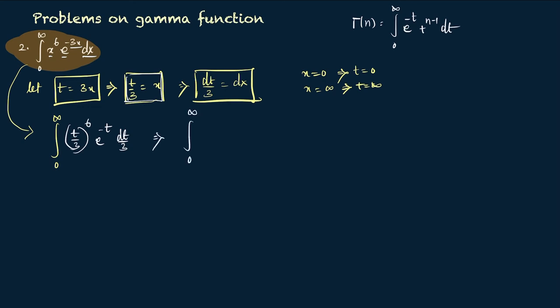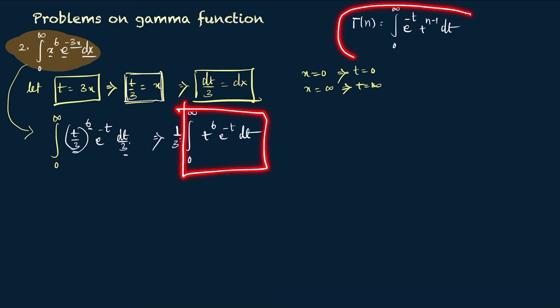So 0 to infinity, here 3 power 6, here 3 power 1, so this is going to be 3 power 7. So 1 by 3 power 7, and here t power 6, e power negative t into dt. Again, you can compare this problem with the definition.